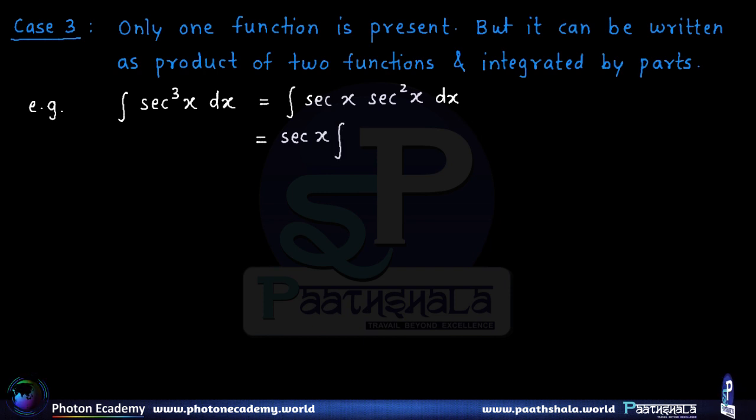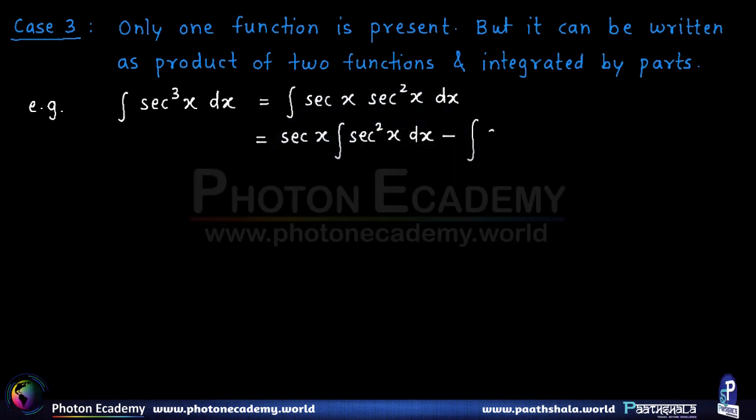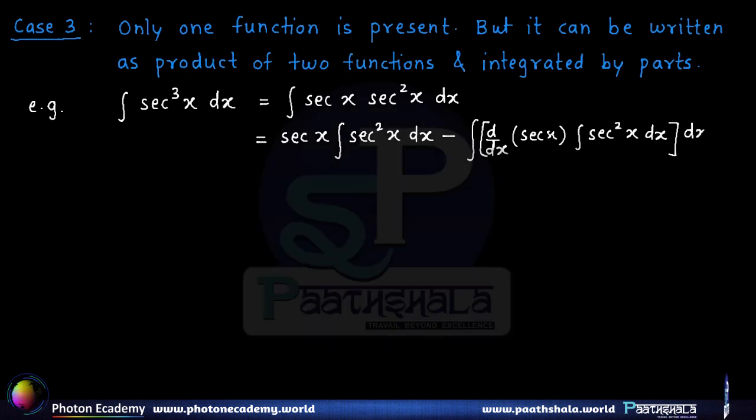So that is first function into integral of second, minus derivative of first function, that is derivative of sec x into integral of sec square x dx, and everything integrated with respect to x.